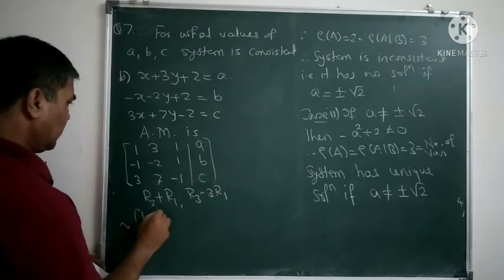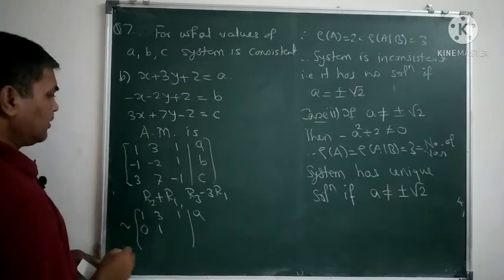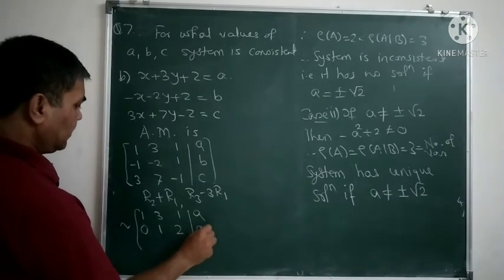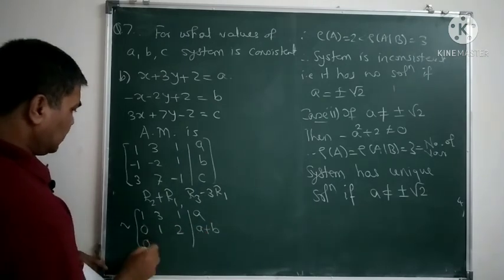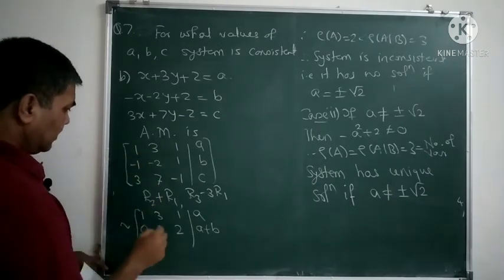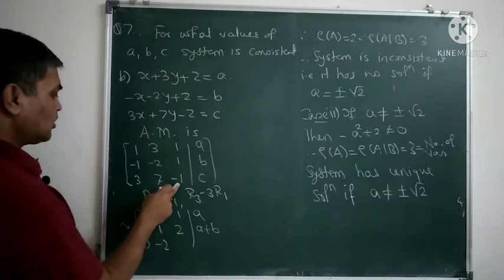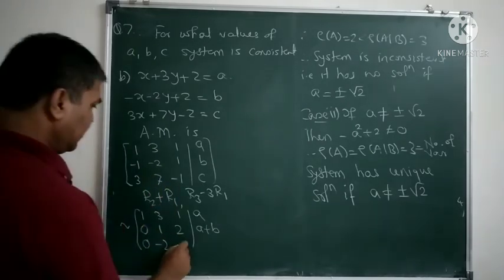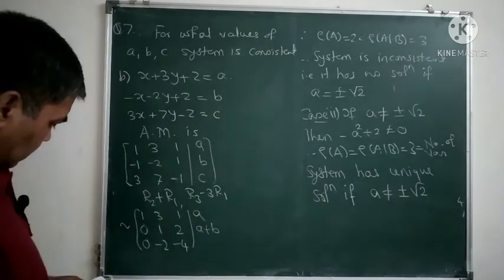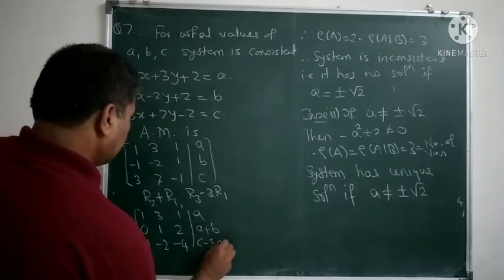This gives us 1 3 1 A; 0, minus 2 plus 3 gives us 1, then 1 plus 1 gives us 2, then A plus B; 3 minus 3 is 0, then 7 minus 9 is minus 2, then minus 1 minus 3 is minus 4, and C minus 3A.